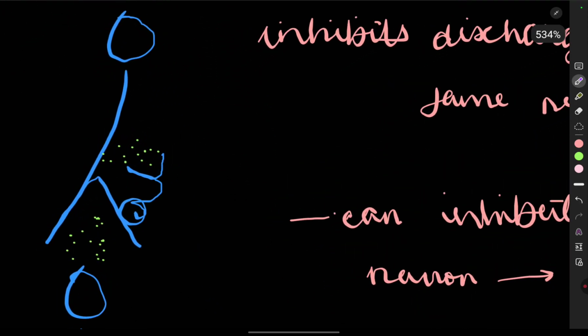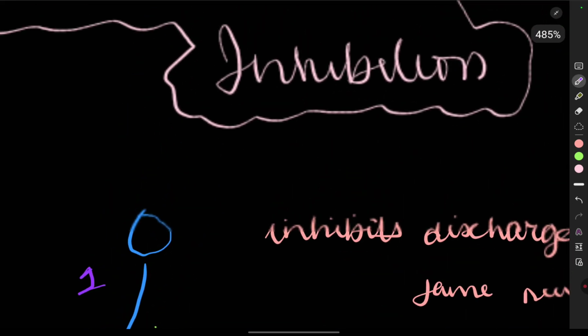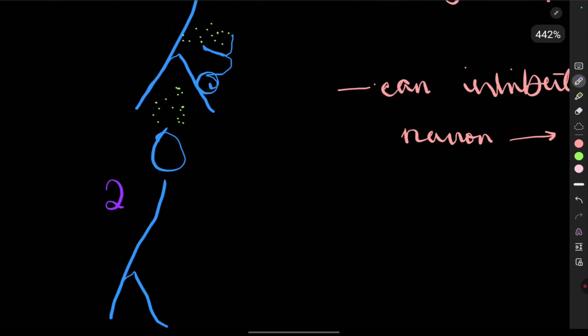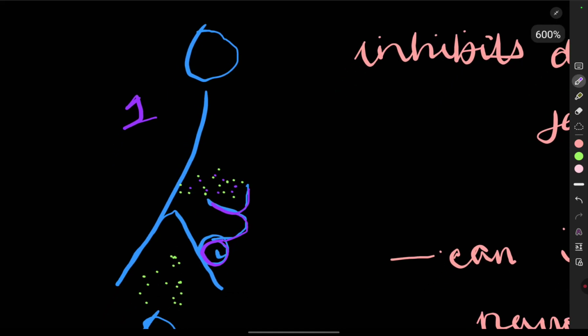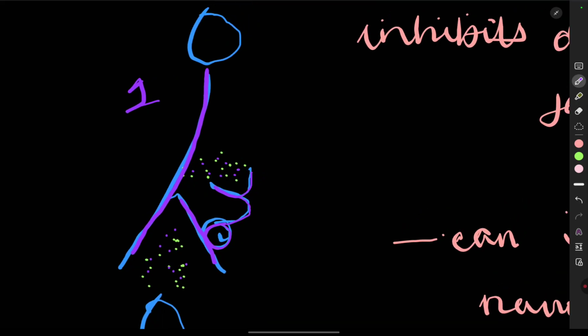See, suppose this is neuron 1 and this is neuron 2. So we are studying the feedback inhibition. What happens is, on the presynaptic neuron itself, we have a cell that is releasing some chemical which inhibits this particular first neuron from releasing the neurotransmitter. This is also a type of indirect inhibition, not direct.